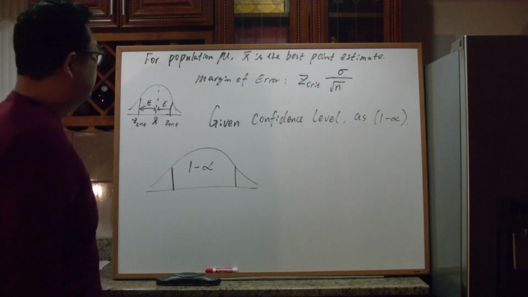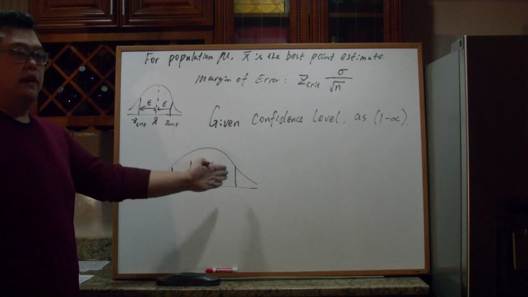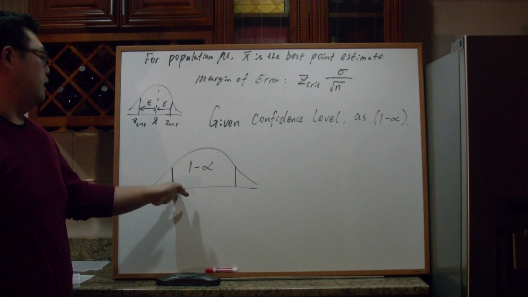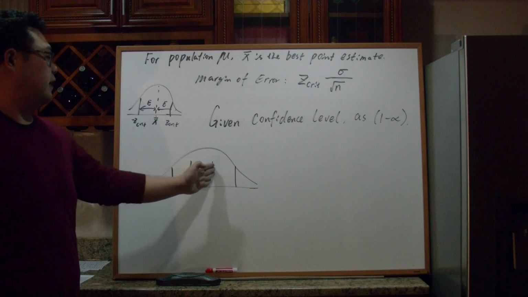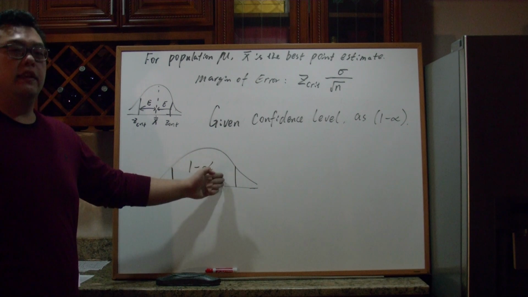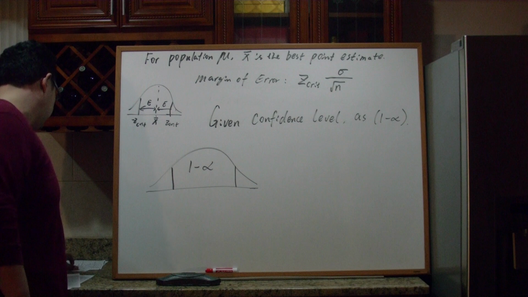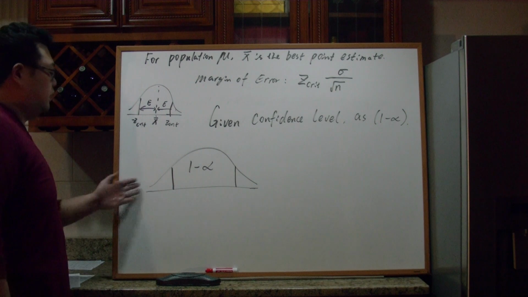So the confidence level is a percentage, right? It covers the middle percentage of the values. You can find those in your z-score table.